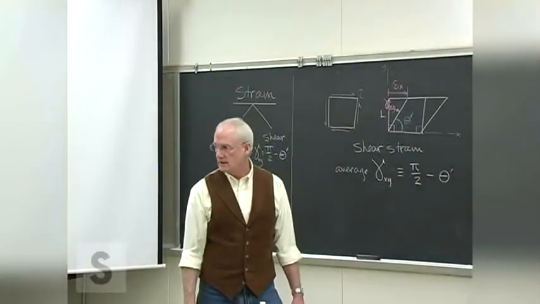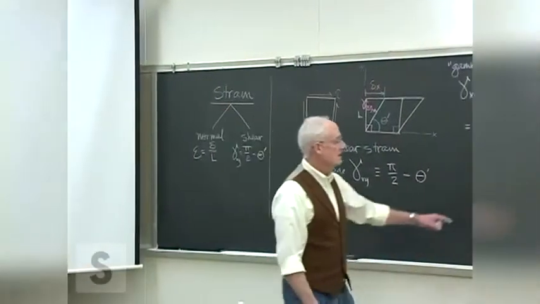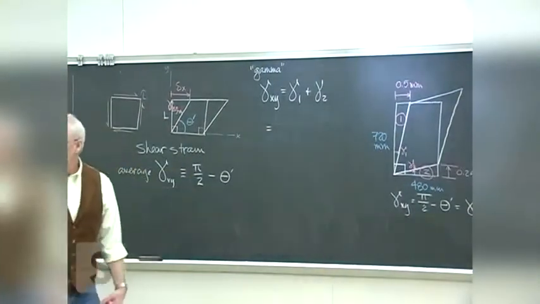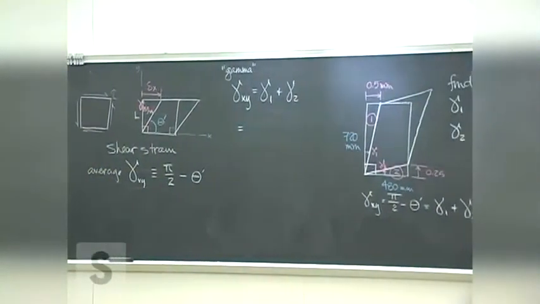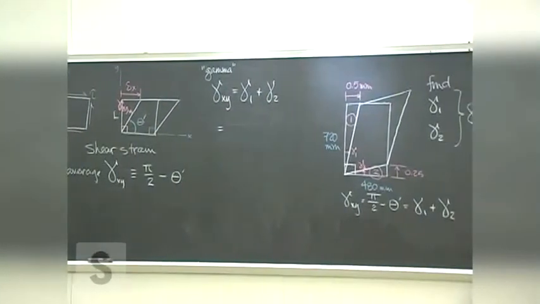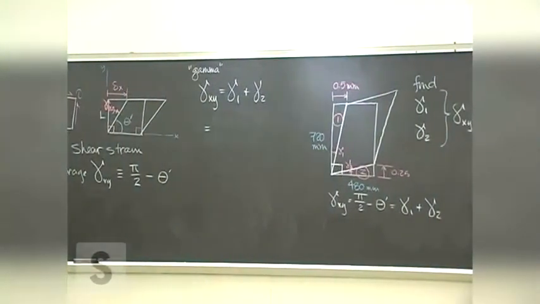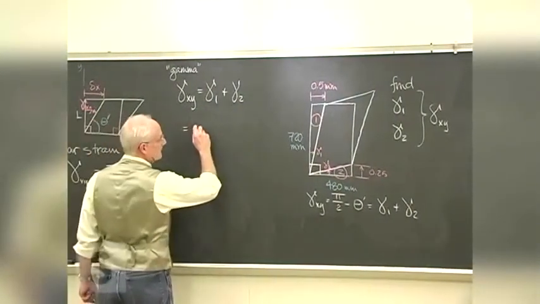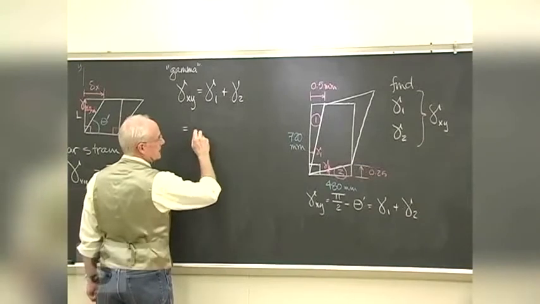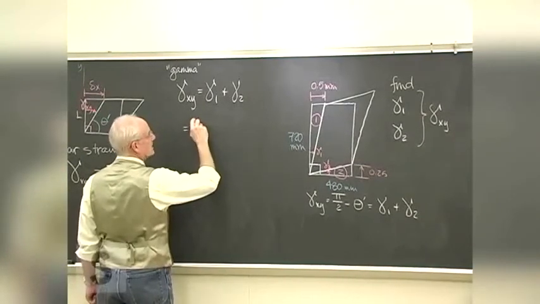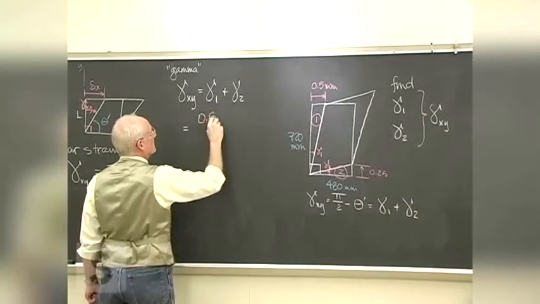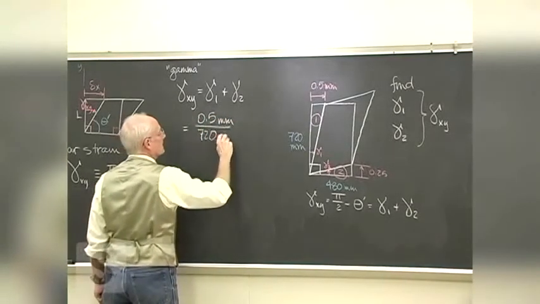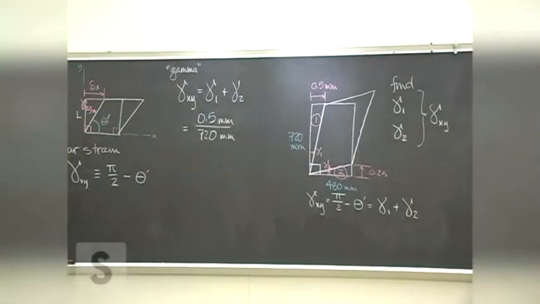How'd you find gamma 1? This shear strain in the first location. It's 0.5 over 720. Actually, no, we just take the original numbers.